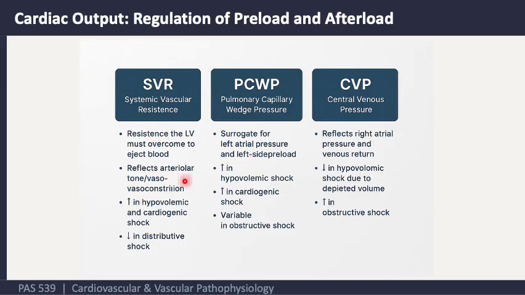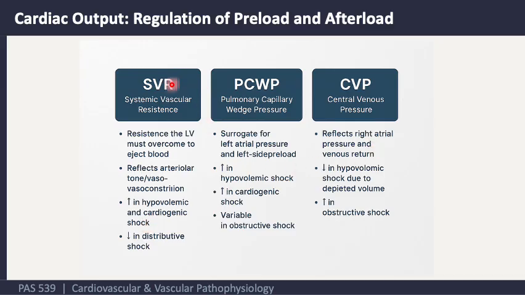It reflects arterial tone and vasoconstriction. It can be increased in hypovolemic and cardiogenic shock. And when we get to the different areas of shock, that's where we'll see these terms again.